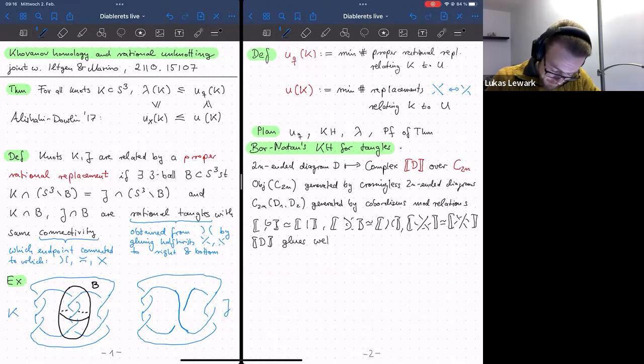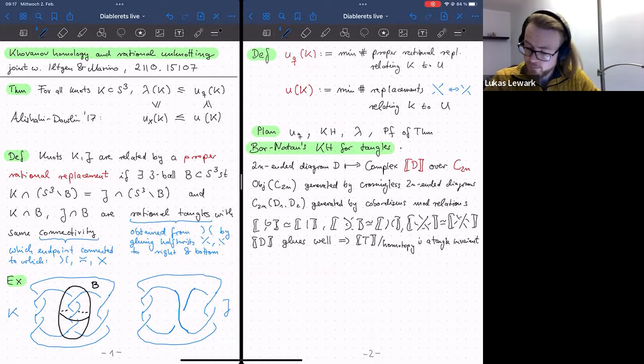And in particular, one of the early advantages of this theory was that this makes the proof of Reidemeister invariance much simpler, because you just check these homotopy equivalences, and then because of the gluing, you already get that this complex up to homotopy is a tangle invariant.